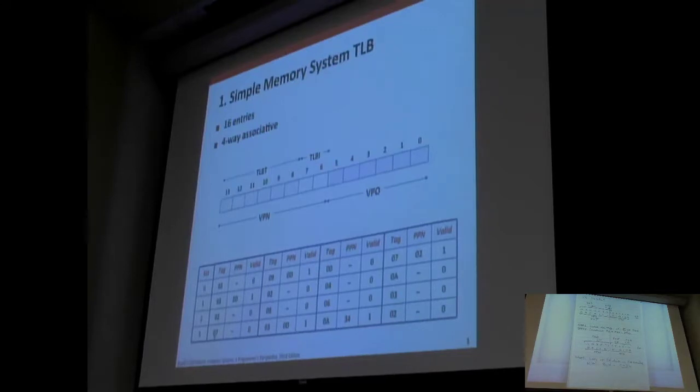There are 4 entries. Here's an entry with a tag of 7, so that's not it, and plus the valid bit is 0. Here's an entry with a tag of 3 and a valid bit of 1. So we lucked out, the page table entry is in the TLB, and so the TLB returns the physical page number, which is 0D, back to the MMU, which can now construct the physical address. It constructs that physical address, PA, by directly copying the VPO bits to the PPO bits.